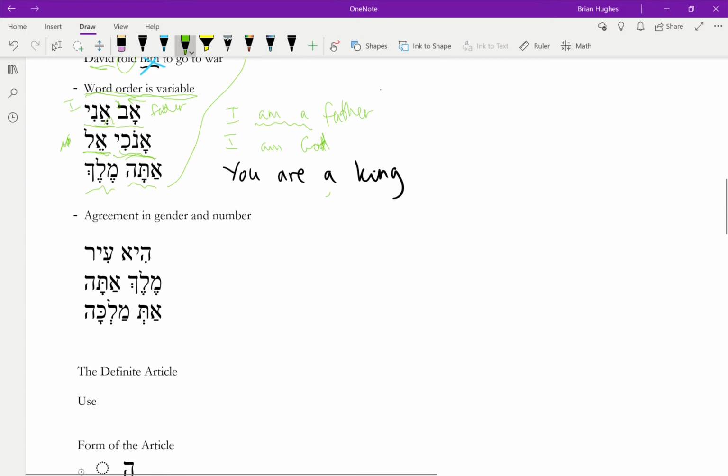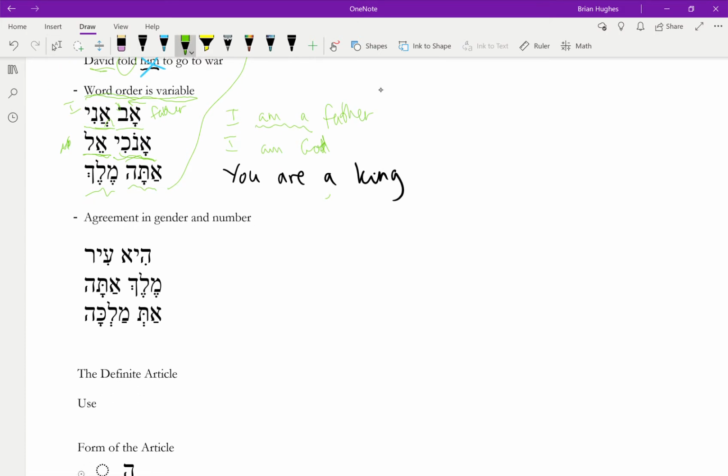And finally, they agree, and we're going to see this a lot: the subject, the pronoun, is going to agree in gender and number with the predicate, so with what we're saying of the thing. Here we have two words.